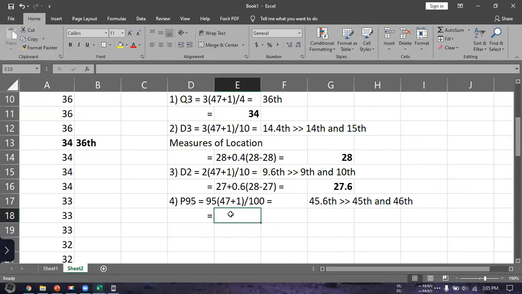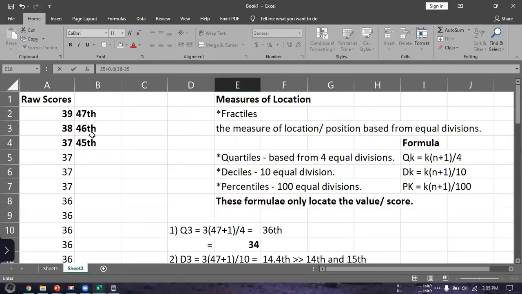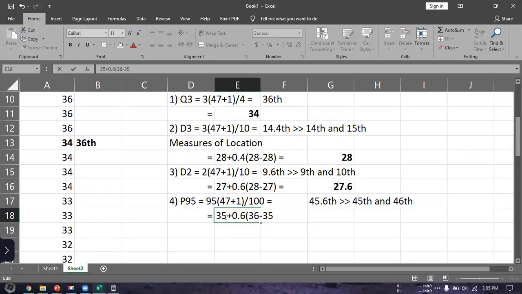That is 37 plus 0.6 of their difference. Tama ba? 37 and 38. I'm sorry. We have 38 and 37.